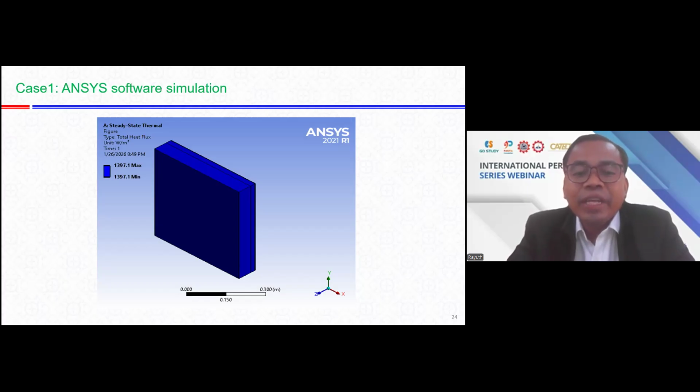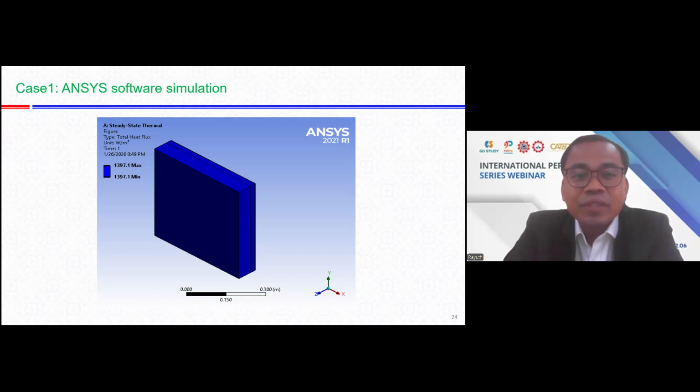After you do the modeling, you have to set up the material engineering data. That means for each layer you choose a material, like steel, ceramic, glass wool, or another material, as mentioned in the slide. In my case, I model first, then choose the material, and then set up the study, because my study case is heat transfer.